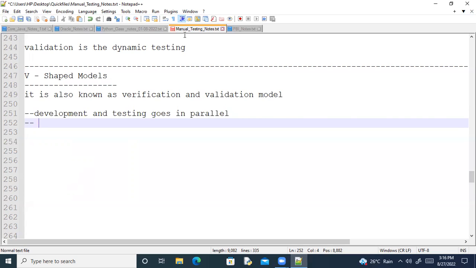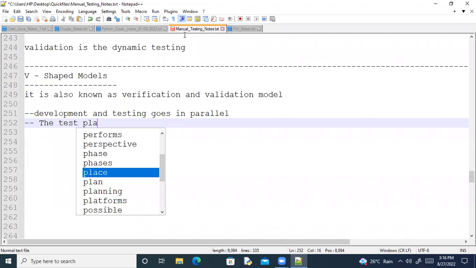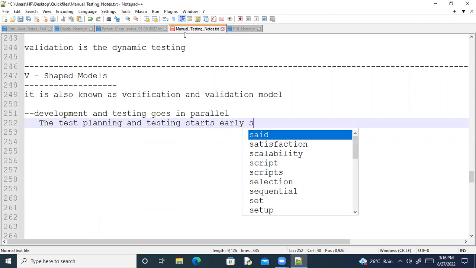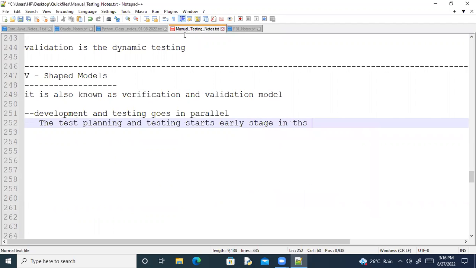Here, we start the test plan and test strategy early when compared to the waterfall model. The test planning and testing start at an early stage in this model.